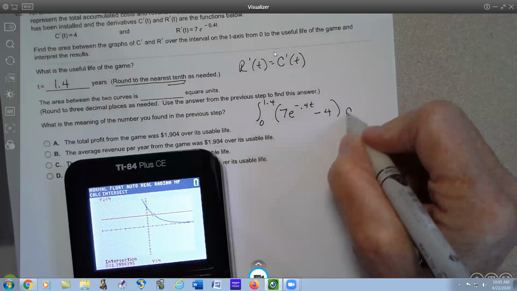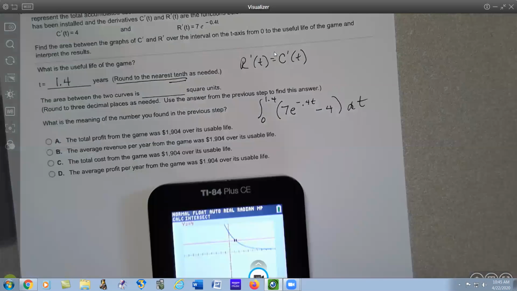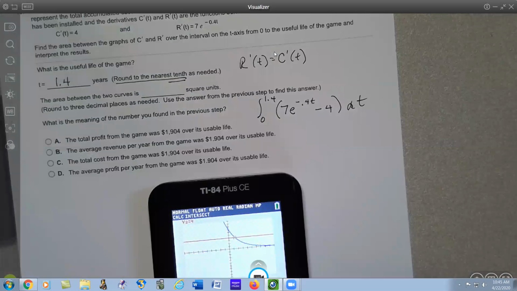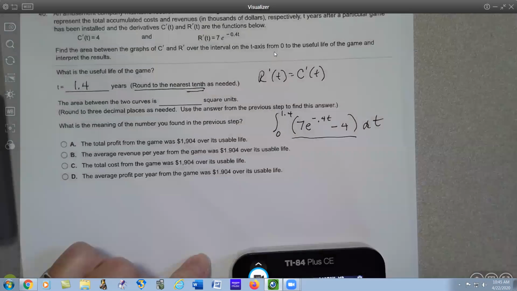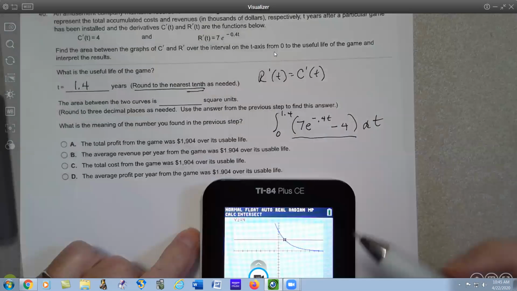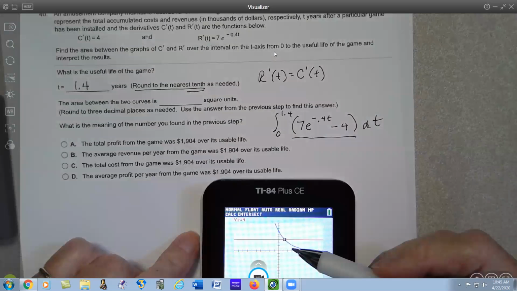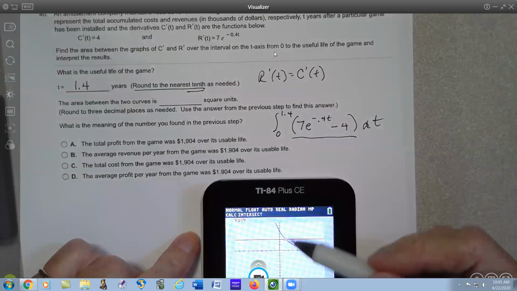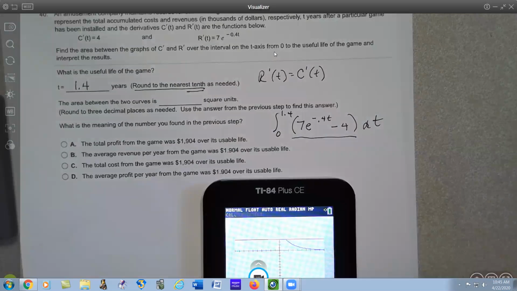Remember, if it's a word problem, set it up for me. Now I've got to put this function in. My calculator will not get area with respect to this particular picture. It has to be with respect to the x-axis. I'm going to subtract 4.